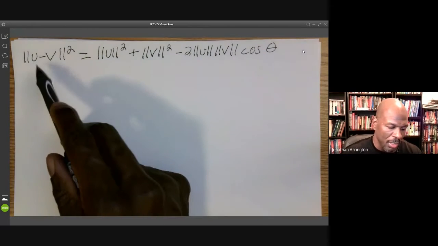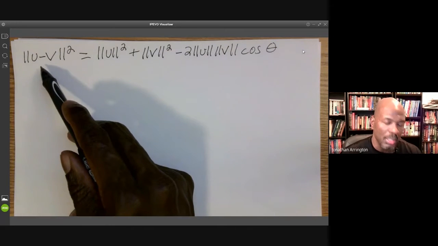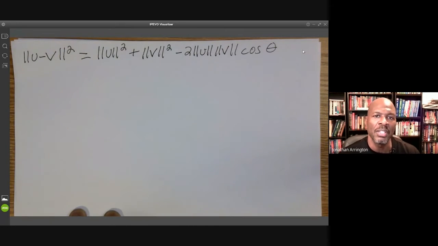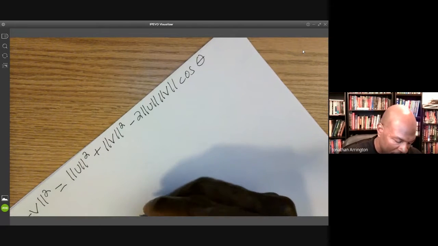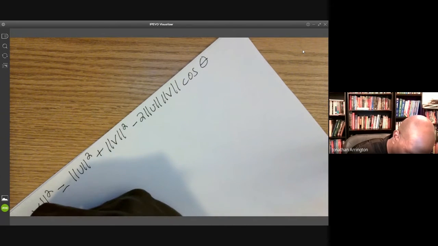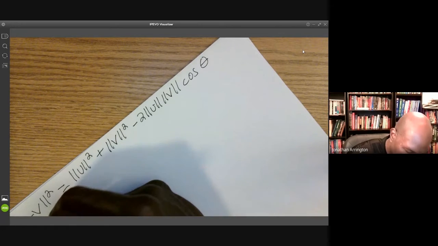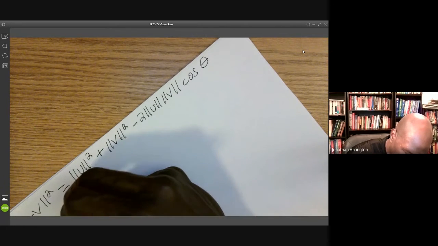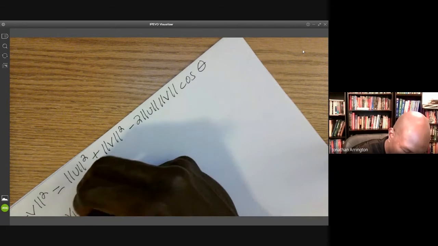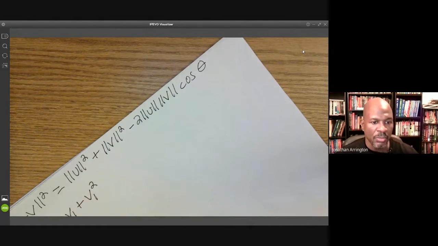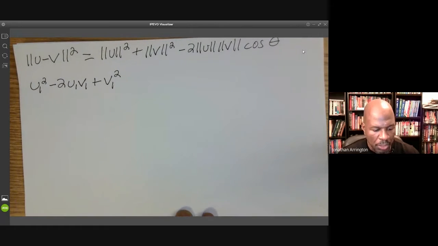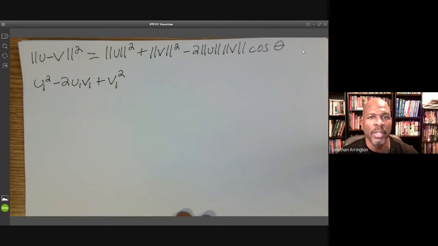So remember, the norm of u minus v squared is u1 minus v1 squared plus u2 minus v2 squared. So I'm going to go ahead and write what that is worked out. So u1 minus v1 squared would be u1 squared minus 2 u1 v1 plus v1 squared. So that's what we get for u1 minus v1 squared.